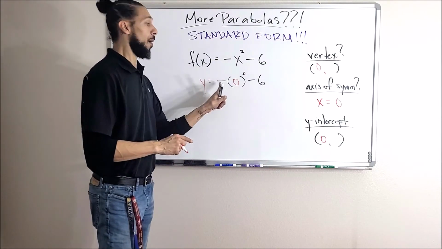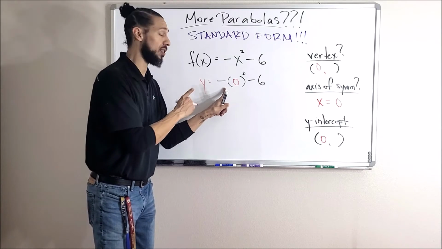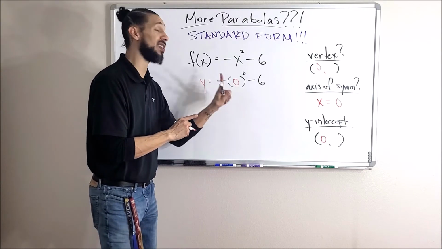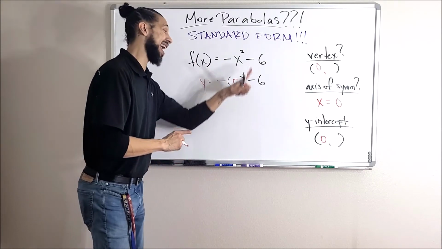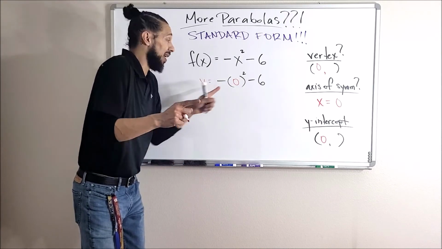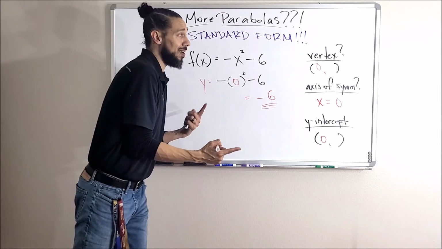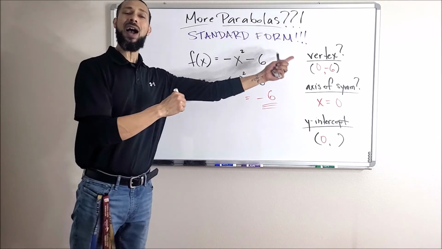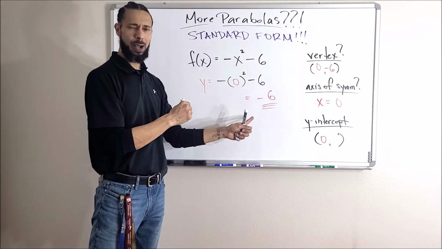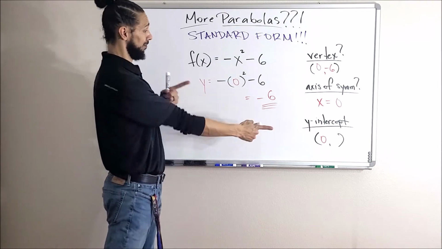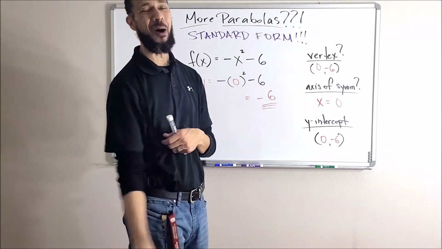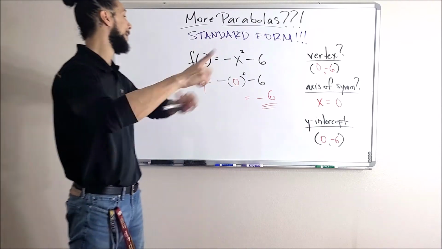Pay attention closely to this negative sign, because if this was a number in here, I would have to square that number first and then apply the negative sign. But in this case, this is a 0, and 0 minus 6 is -6. So isn't that the y value of my vertex? And because that was the c value, isn't it also the y-intercept? It is. Okay, let's do one more.